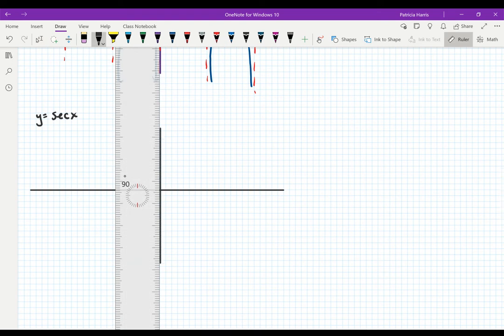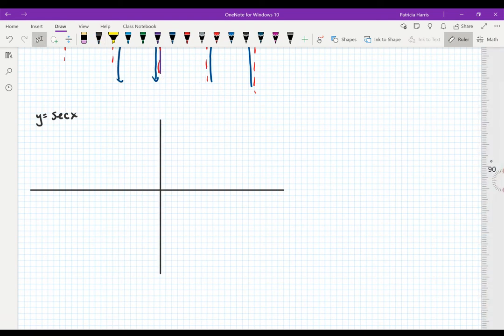And if you think about the graph that we just did, you will notice that those asymptotes happen at regular intervals. Again, I'm just going to do 2 cycles so I get a really good feel of what things look like.